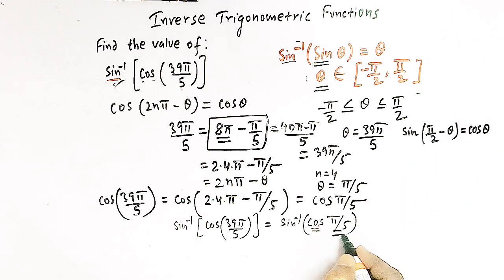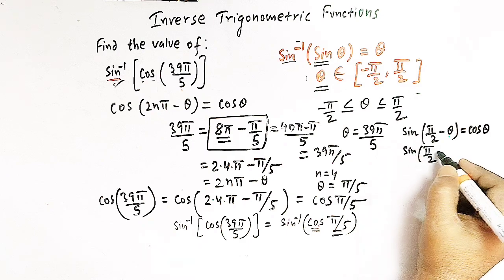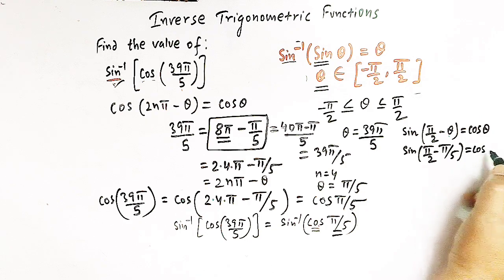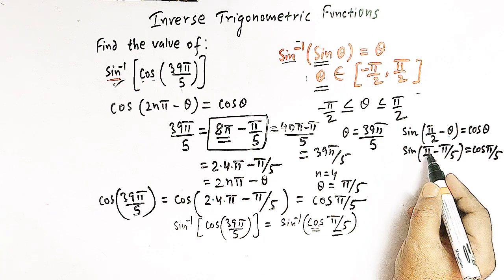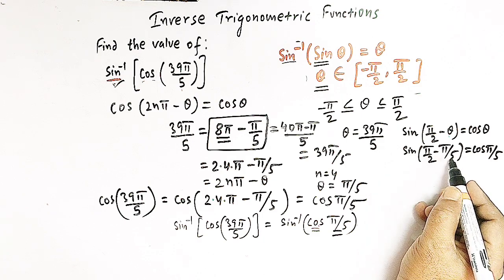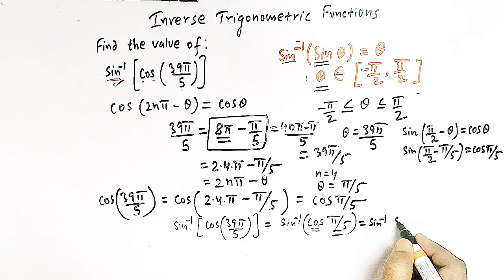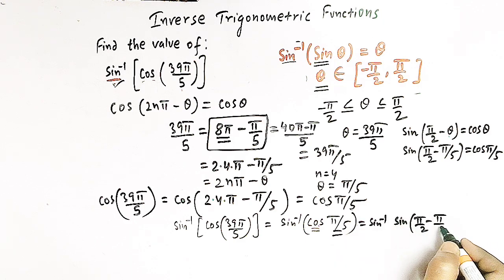So if we take theta equal to pi over 5, then we have sine pi by 2 minus pi over 5 is equal to cos pi over 5. So replacing cos pi by 5 by sine pi by 2 minus pi by 5, here we have sine inverse, and then we have sine pi by 2 minus pi over 5, right?